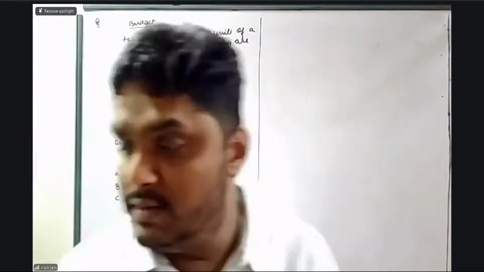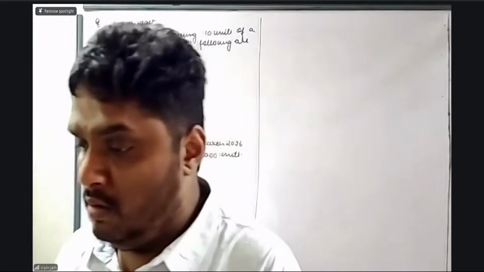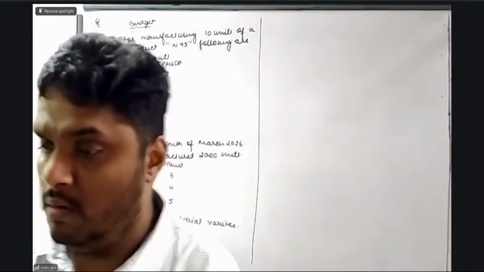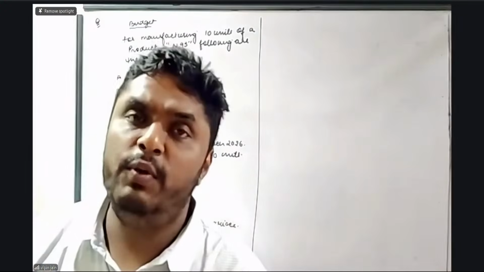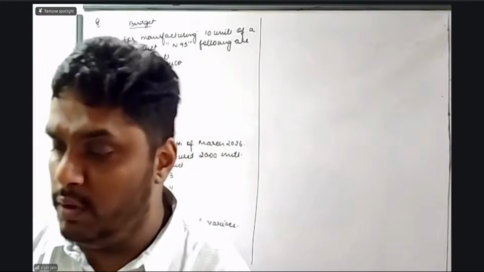So waiting for your answers now. Budget data is given for the month for manufacturing 10 units of a product N95. Following are the inputs required: 100 kgs of A, 200 kgs of B, and 300 kgs of C. So the total input is 600. From this 600 kgs input, we are getting 10 units as output.